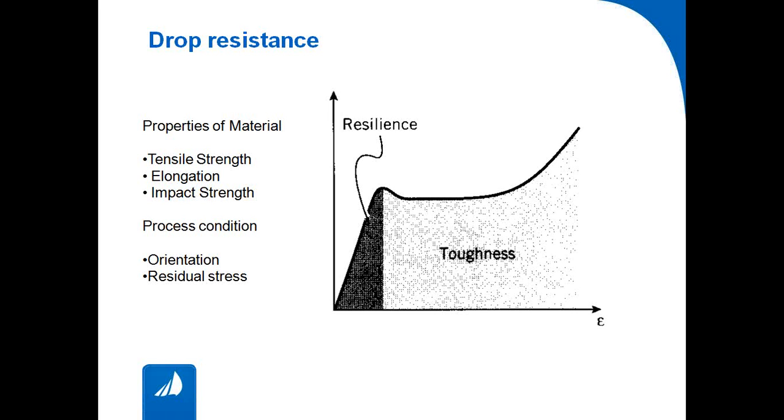So the drop strength, or impact strength, the resistance against failure in impact loading like a drop, depends not only on the strength of the material but also on how much it can elongate before bursting. So this area is the toughness.